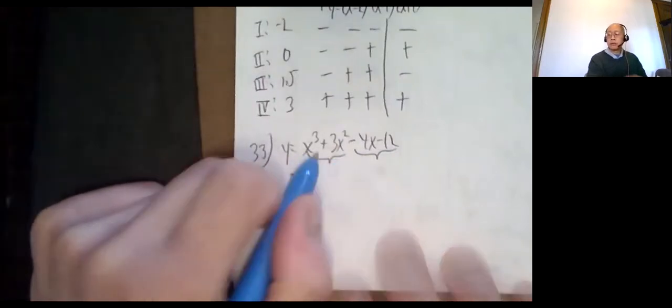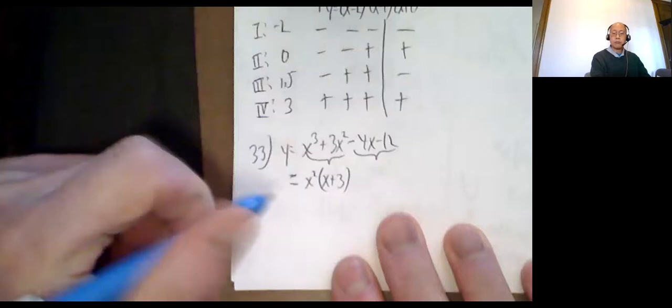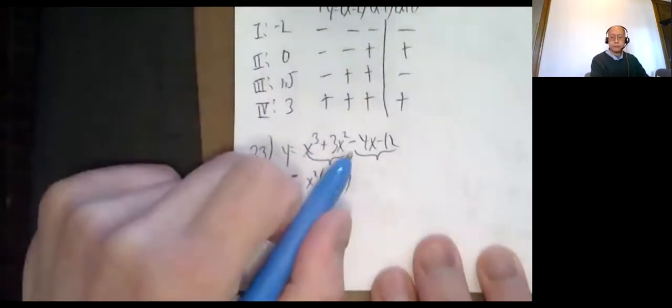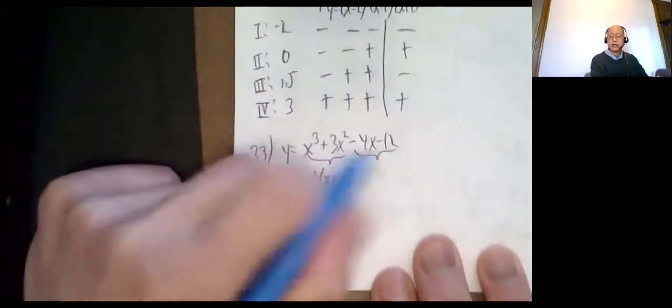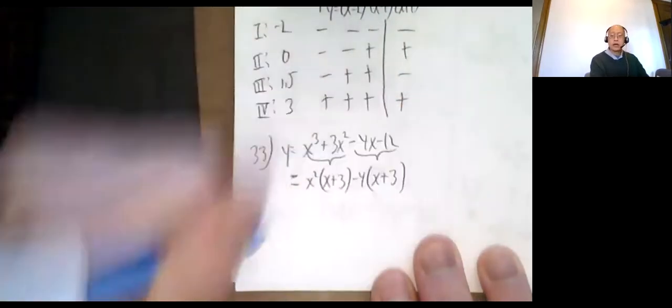Right, group them. So just for these two, common factor, x squared, and then x plus 3. And common factor here, negative 4, x plus 3.